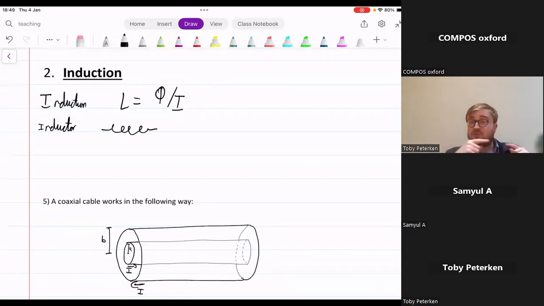If the current changes, the flux changes, and so there's a voltage induced across the inductor.